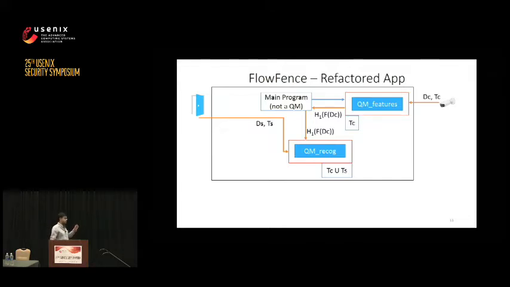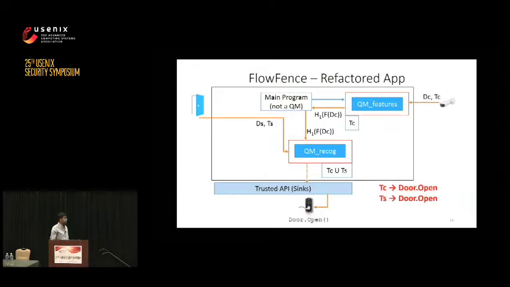Again, assuming this face is recognized, it's going to try to do a declassification to the door controller. The app will use one of FlowFence's trusted APIs to do this. But before the trusted API allows the declassification to succeed, it's going to read the taint labels off of the caller and then look up flow policies that I've shown in red here.